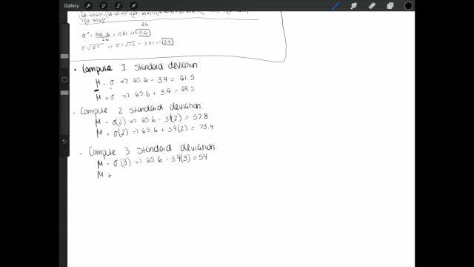And now we're going to do the opposite and add these numbers. This gives us 65.6 plus 3.9 times 3, and this gives us 77.3.